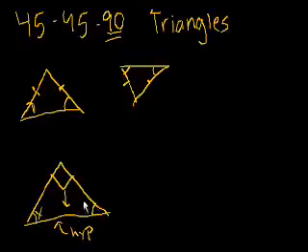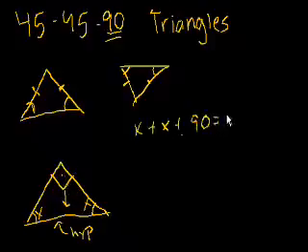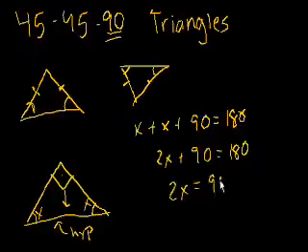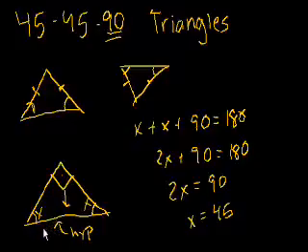Well, if we call these two angles x, we know that the angles in a triangle add up to 180, so x plus x plus 90 is equal to 180, or 2x plus 90 is equal to 180, or 2x is equal to 90, or x is equal to 45 degrees. So the only right triangle in which the other two angles are equal is a 45-45-90 triangle.